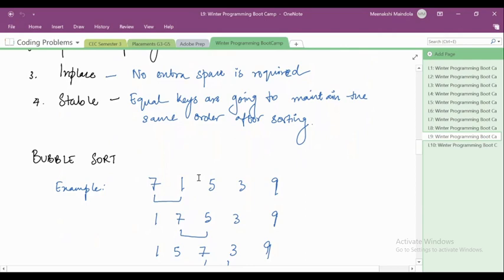We say that equal keys are going to maintain the same order after sorting. Let us suppose you have two occurrences of the number 2 in your array.